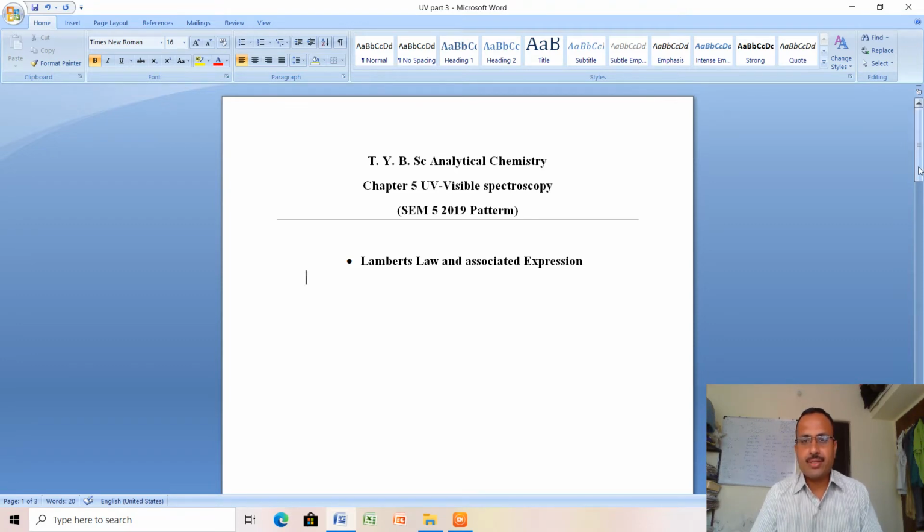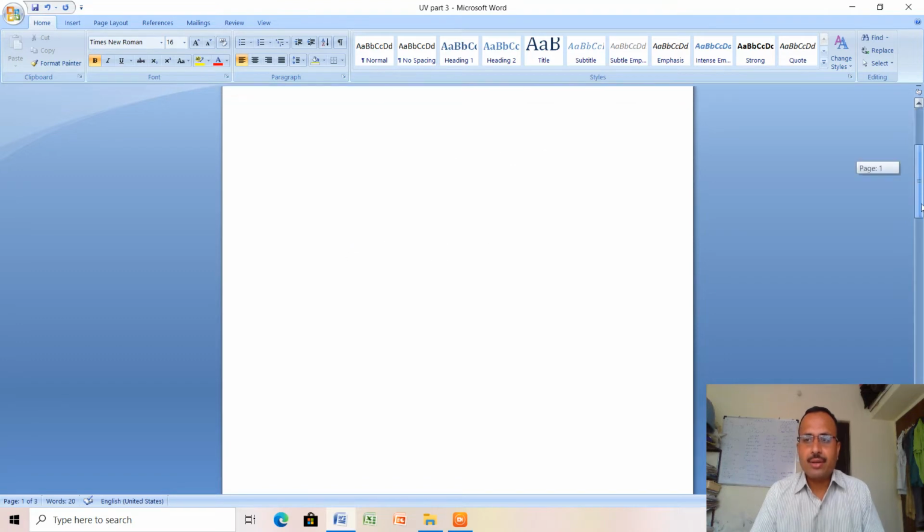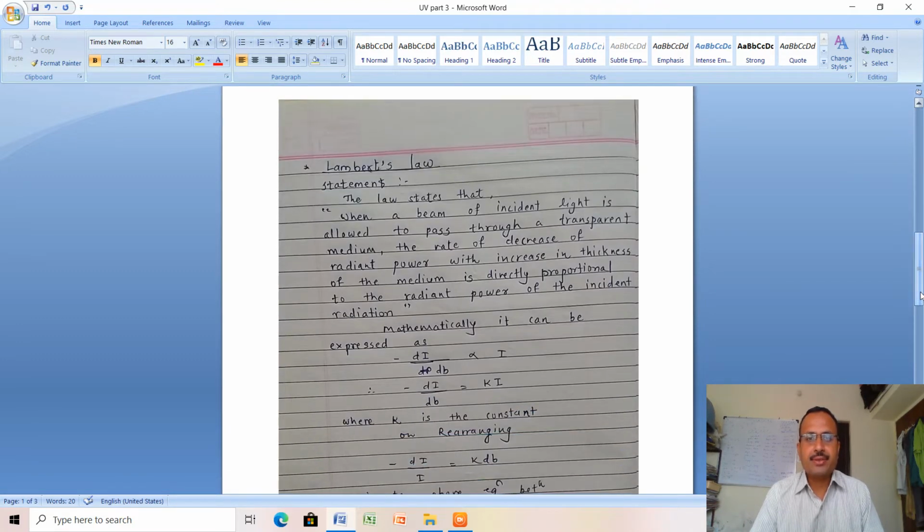The law states that when a beam of incident light is allowed to pass through a transparent medium, the rate of decrease of radiant power with increase in thickness of the medium is directly proportional to the radiant power of the incident radiation.